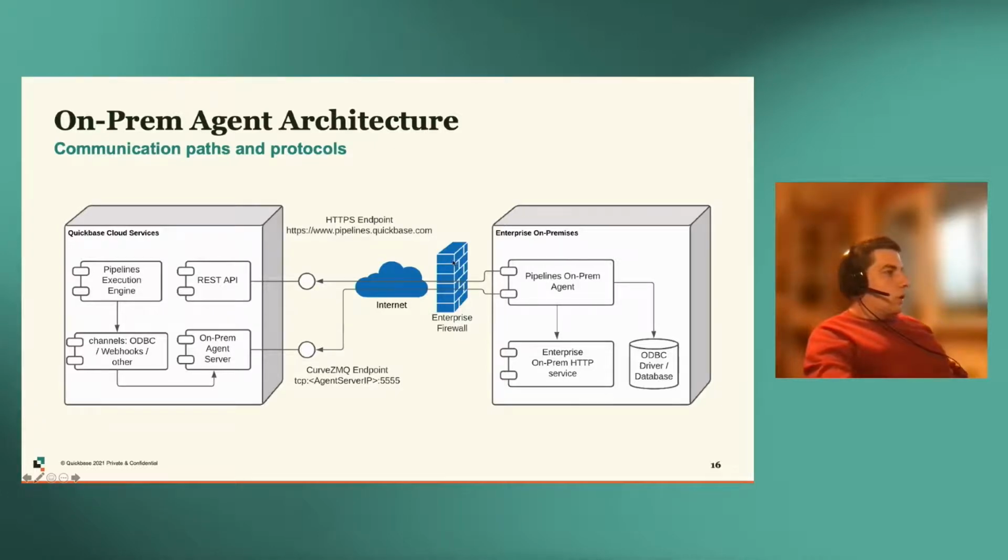Pretty much on the enterprise side, the only thing that needs to be configured, and sometimes it is even allowed by default, is that the enterprise firewall should support this standard HTTPS communication from the on-premise agent towards the Quickbase cloud services. And it should also allow this single TCP connection over a fixed TCP port so that the tunnel can be established.